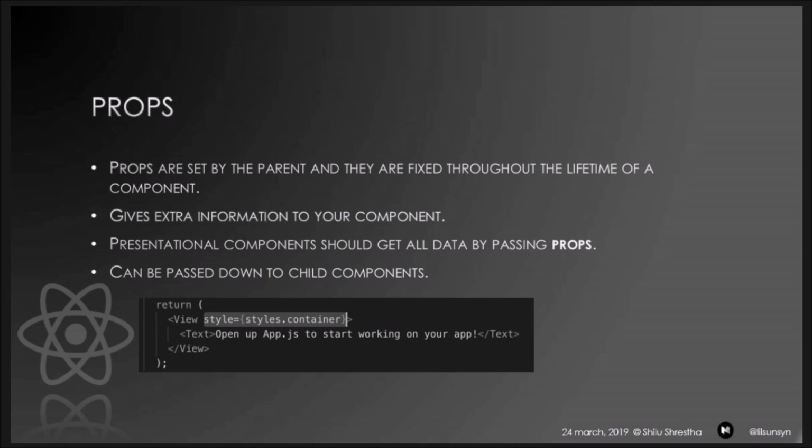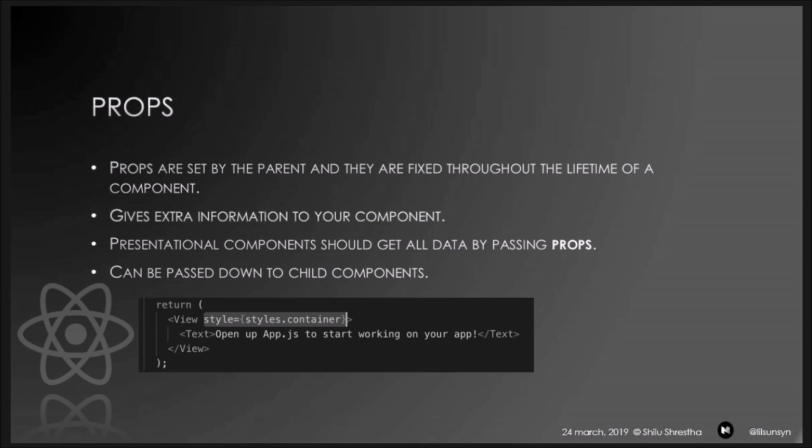So let's start with props as well. So props are all set by, let's just say, properties. Whatever your component needs, those are the properties. Like maybe I have a text view which renders a name.